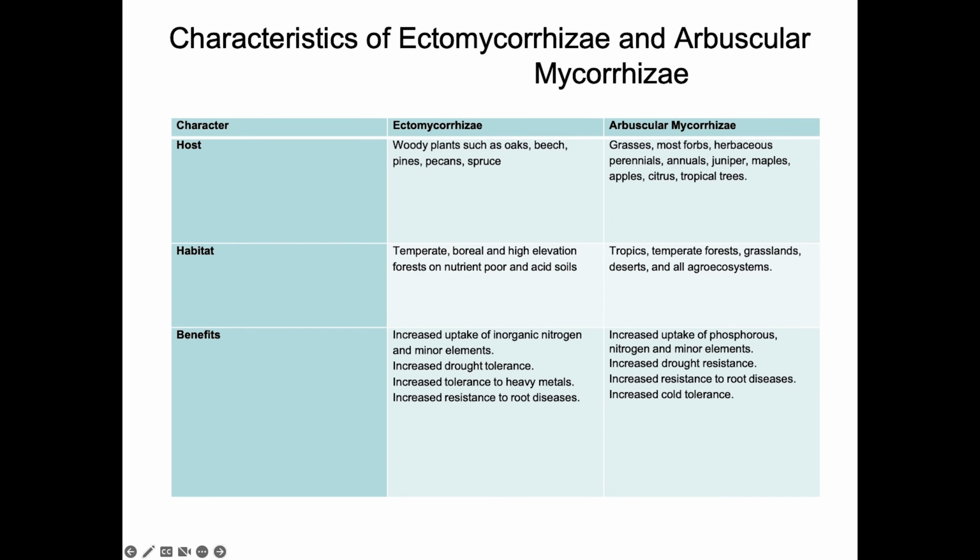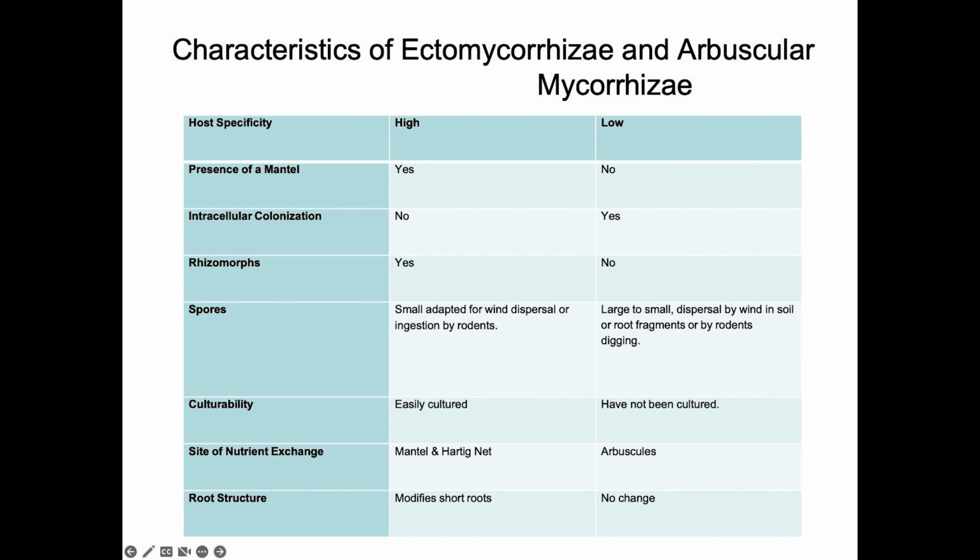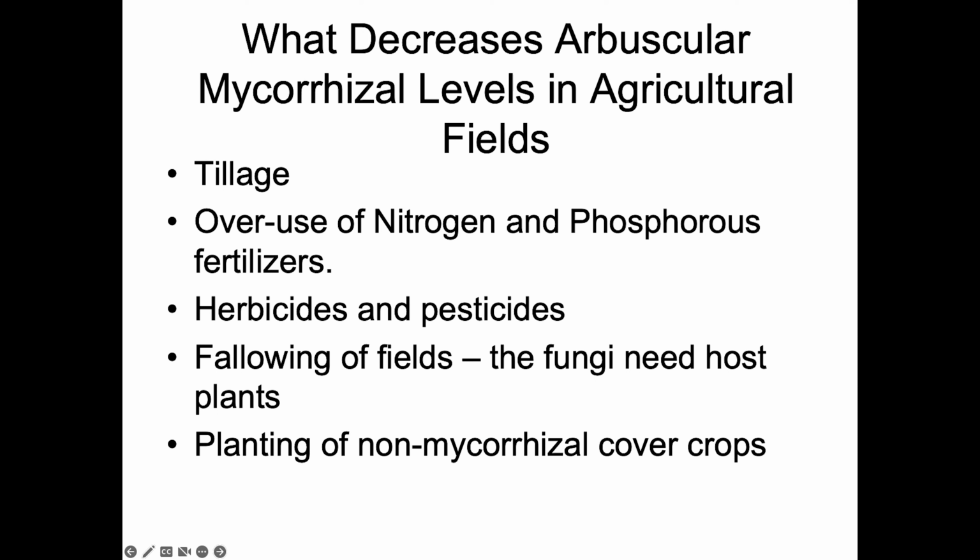And again, I put this up here, different hosts, different habitats, different benefits, where the structures are. And again, the two vary a lot. But to finish up, here's the important thing. What decreases arbuscular mycorrhizae? Tillage, overuse of nitrogen and phosphorus.